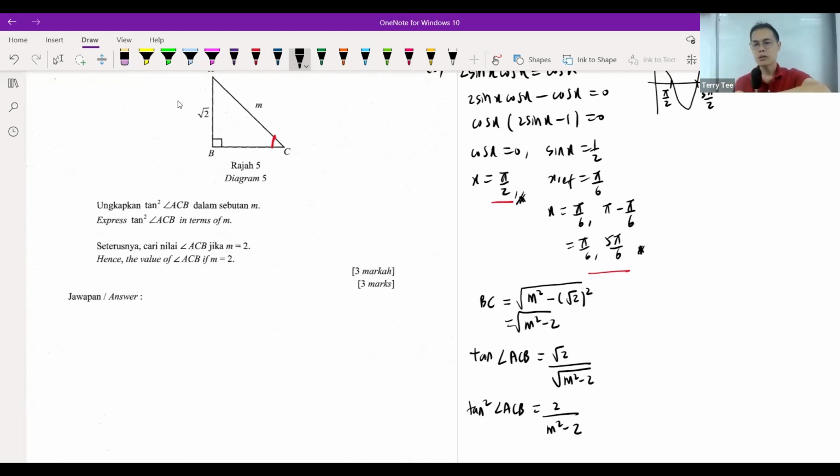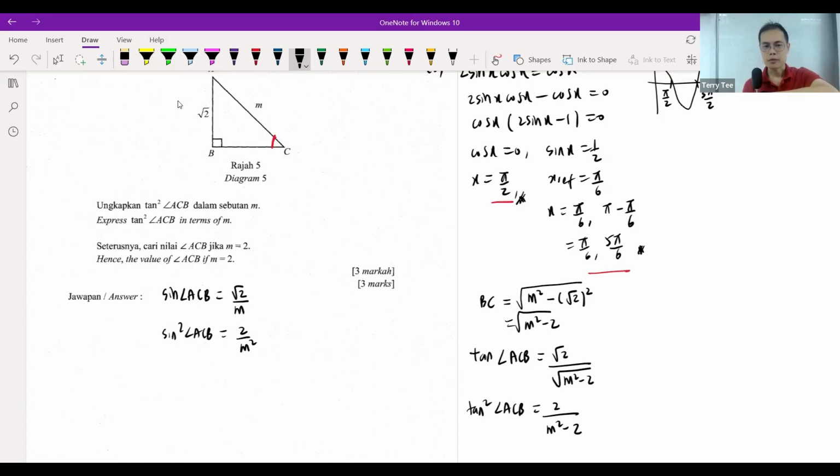Now, you can actually use another way. That is, you know cos square is 1 minus sine square. But this is a bit long. Some of you may find this a bit long. We know from here, your sine ACB is square root 2 over m. The moment you square it, you will get sine square ACB is 2 over m square.